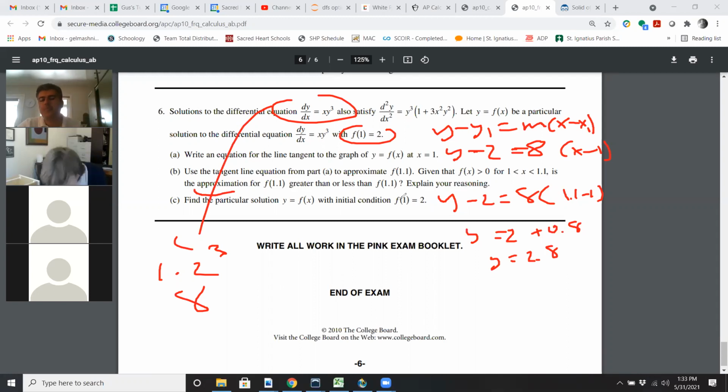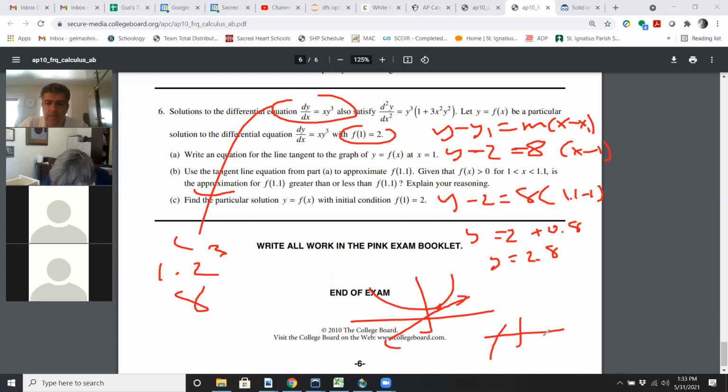What you're going to want to do there is look at the second derivative. Now remember, when you're concave up, your tangent line is going to be an under approximation, right? When you're concave down, your tangent line is going to be an over approximation. So you're going to plug in 1 and 2 for x and y respectively here.